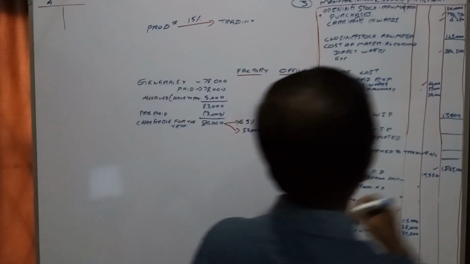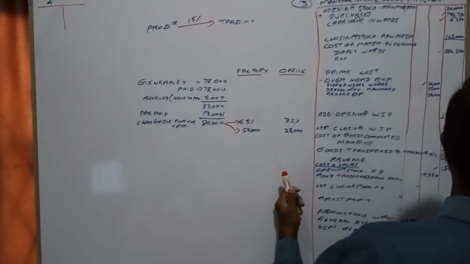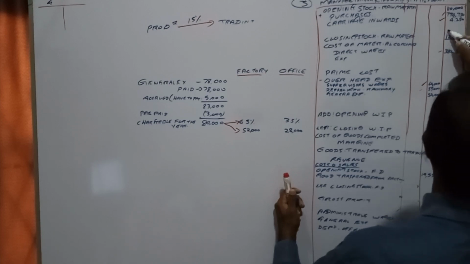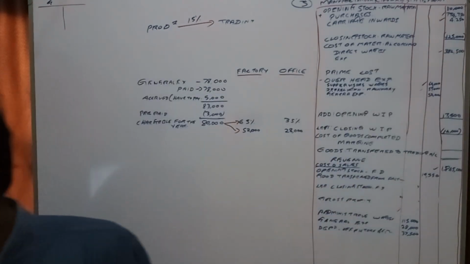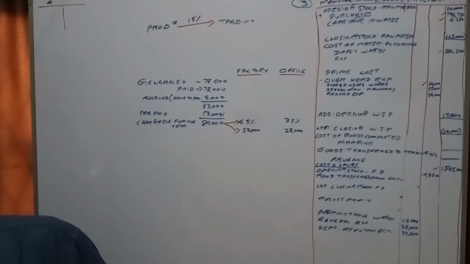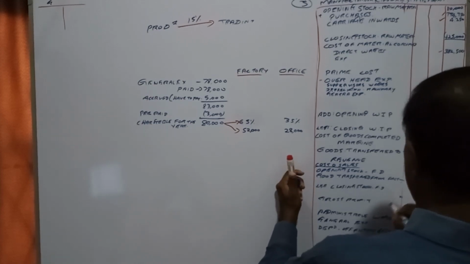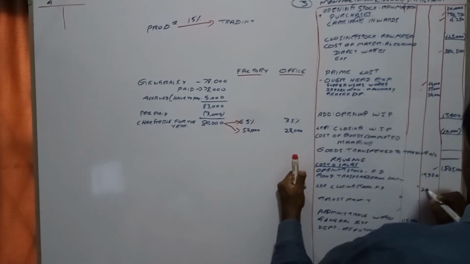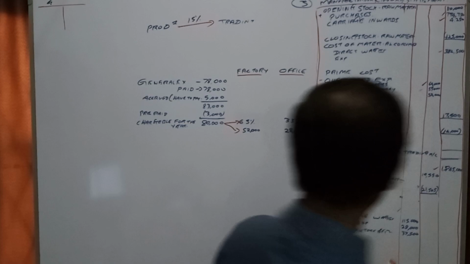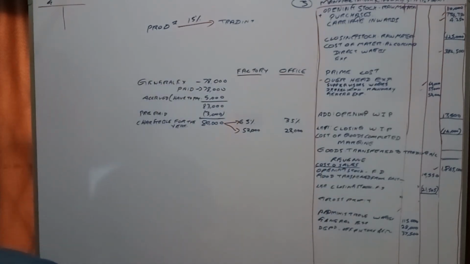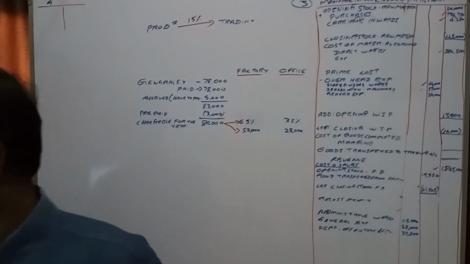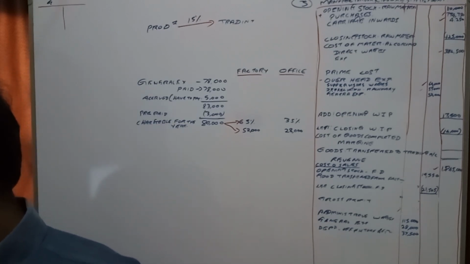Work in progress closing 14,000. And finished goods at transfer price 21,505. That is the adjustments given. So this is the manufacturing account and income statement for the business.